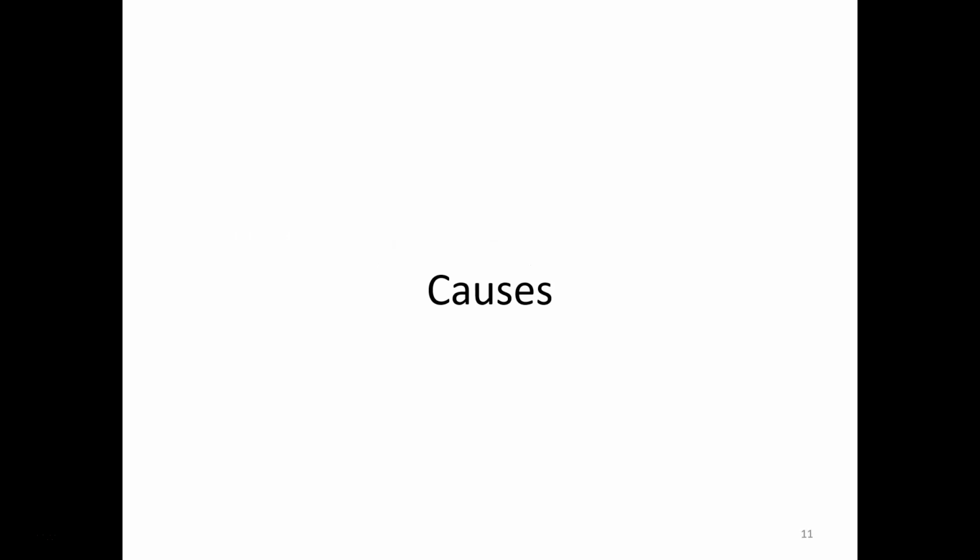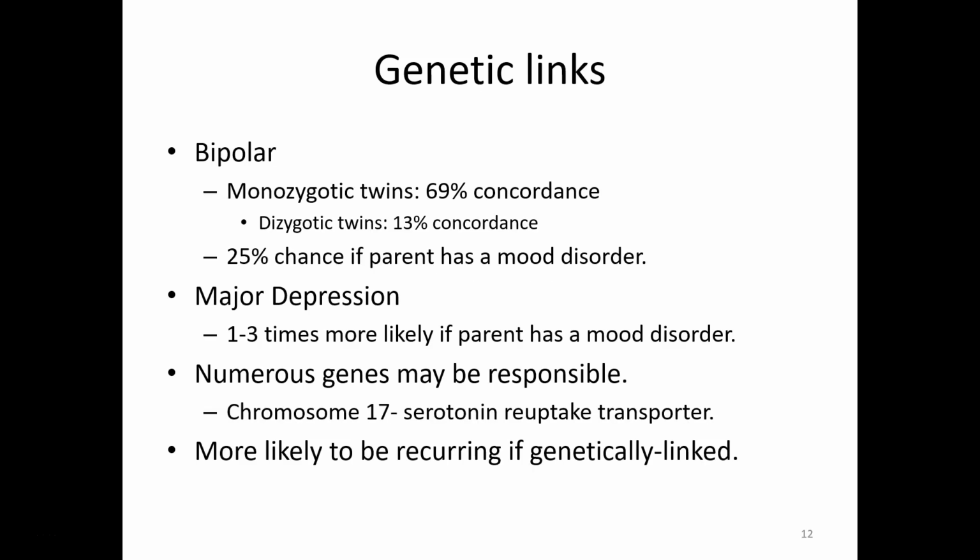So, let's go on and talk about some of the different causes of these affective disorders. And so, of course, if we're going to talk about psychological phenomena, we do have to talk about genetics. And as I mentioned, bipolar disorder has a very strong genetic link. So, when researchers have looked at monozygotic twins, that is, identical twins who come from the same egg, they actually find that there is a 69% concordance rate.